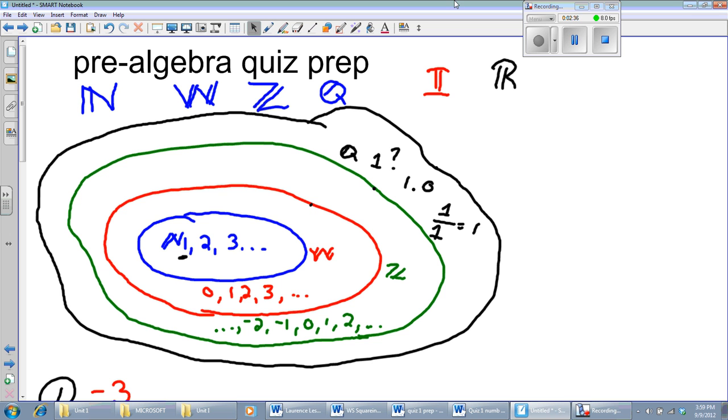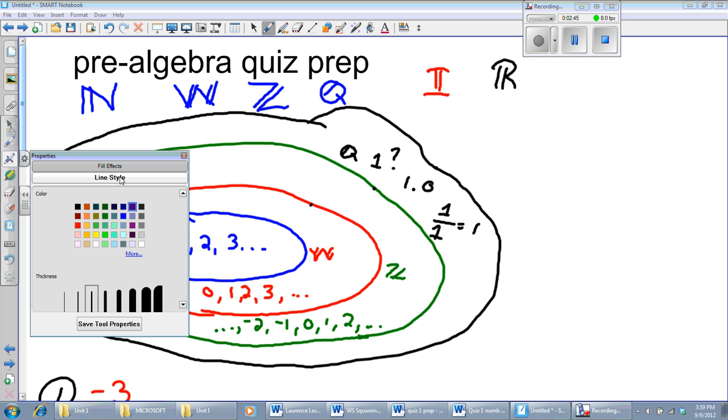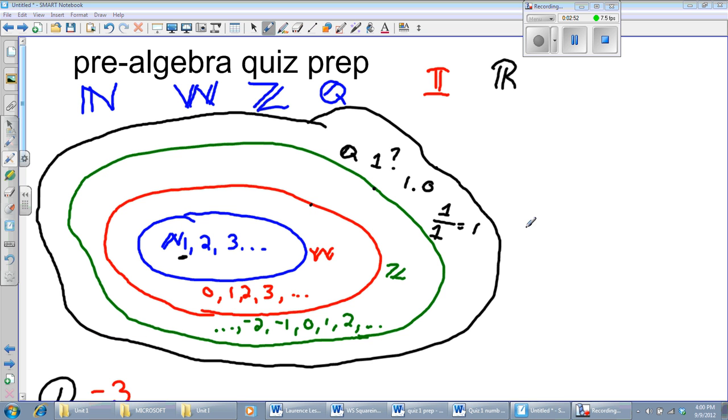And then we talked about this really strange group over here. Let me get a different color. We'll make these our irrational numbers. They're over here by themselves. Those are things like pi, or decimals that never end and never repeat, like 2.142 dot dot dot.